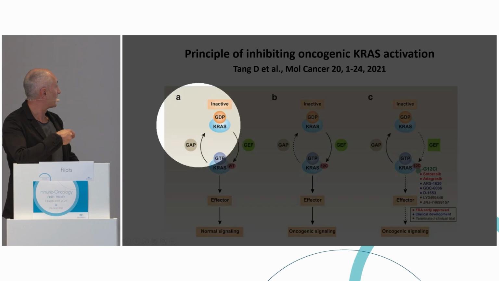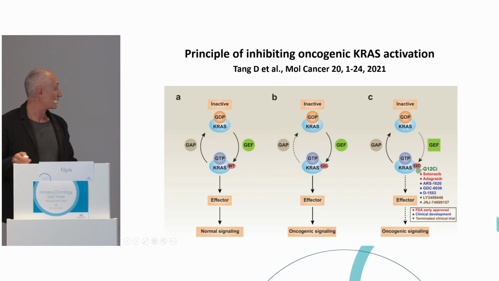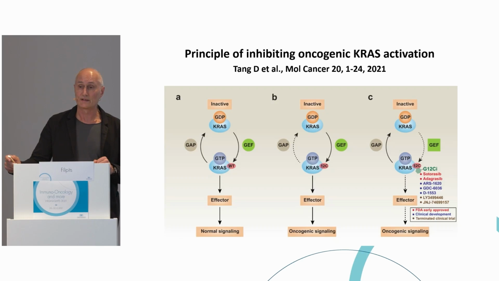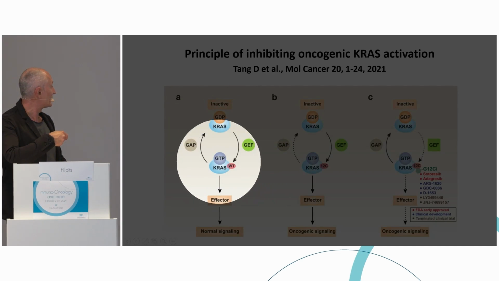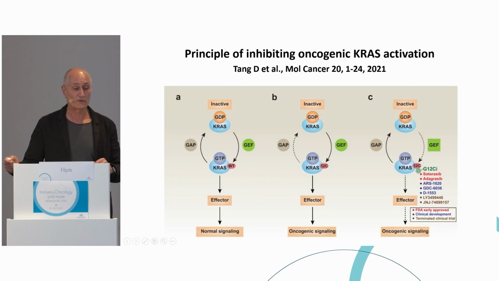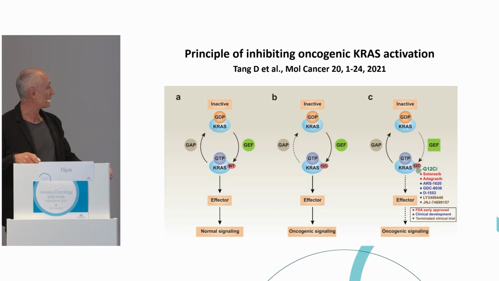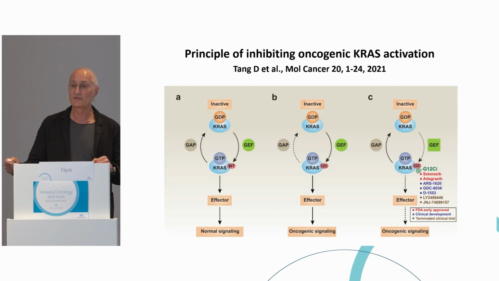This complex is activated by guanine nucleotide exchange factors such as SOS1 or SHP2. They exchange GDP for GTP, guanosine triphosphate, and this is the active form of KRAS, which then can activate the downstream signaling pathways, the MAP kinase pathway and the PI3 kinase pathway, for example.